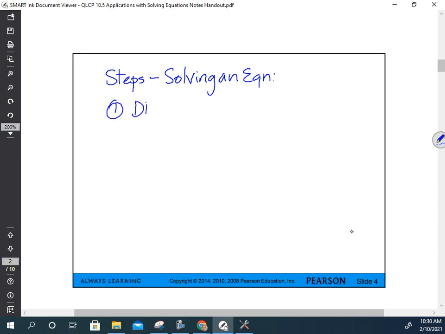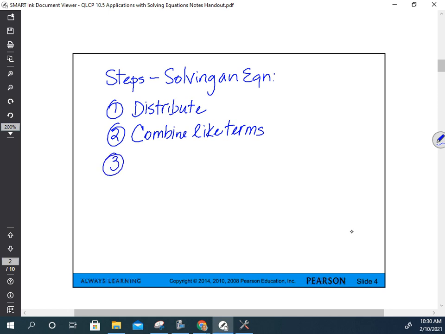So remember, your first step is to distribute. Second step, combine like terms. Third step, move variables to one side. Left side, right side doesn't really make a difference.